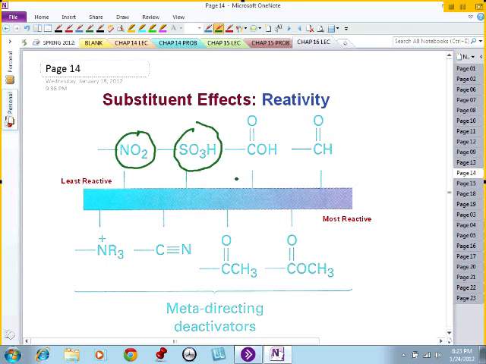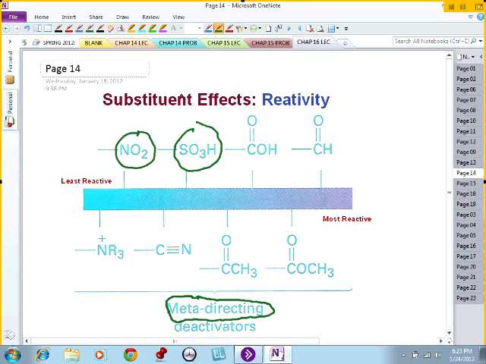All of these groups on this slide are deactivators. Now we see something else. All of those deactivators, when they are present on the benzene ring, direct an incoming group to the meta position. So we call them meta directors.